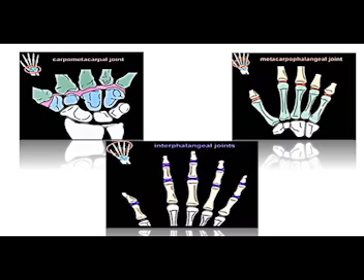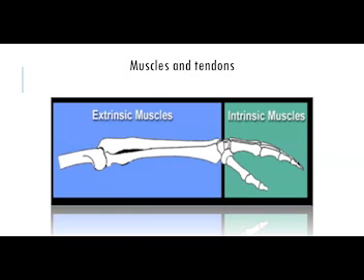Then it's the carpometacarpal joint. The bases of the metacarpals articulate with the distal row of carpal bones. Then the metacarpophalangeal joint. The heads of the metacarpals articulate with the base of the proximal phalanx. And the interphalangeal joints, which are the articulations between the phalanges.